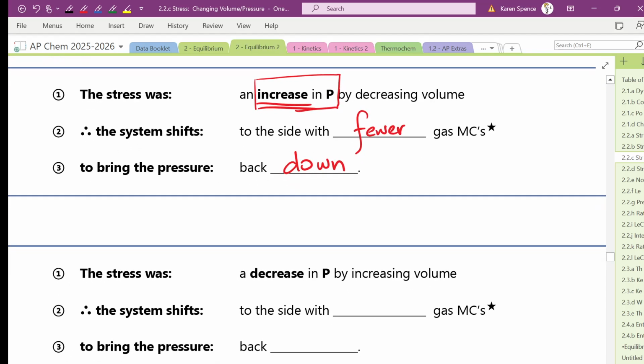If, on the other hand, you had a decrease in pressure as your stress by increasing the volume, the system will shift to the side with more gas molecules to bring the pressure back up.